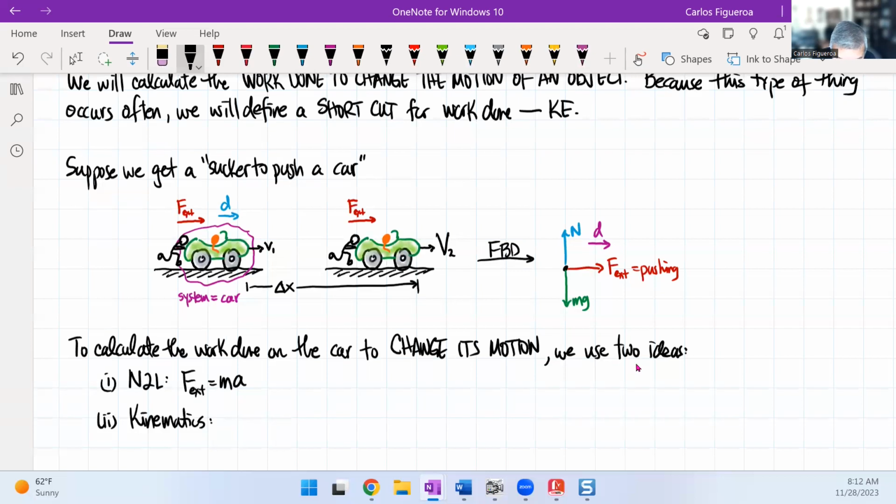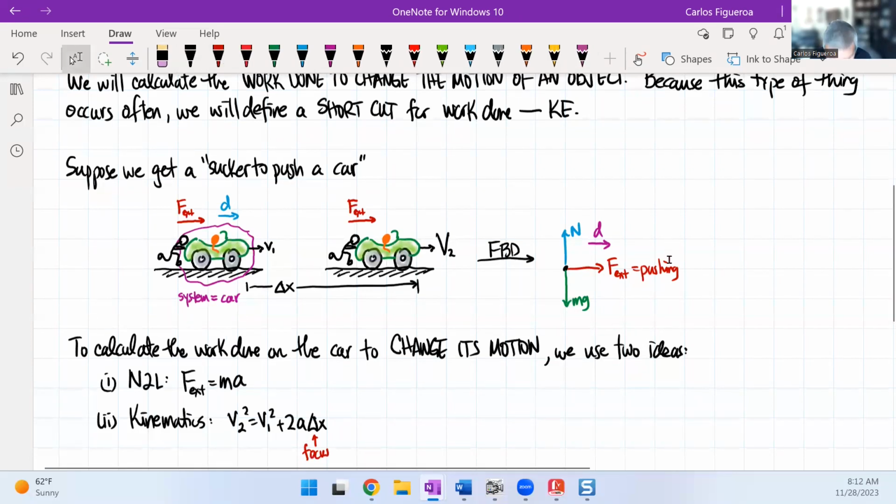We're going to use one equation that reads like this, and the whole goal is that we're going to focus on this delta x right there.